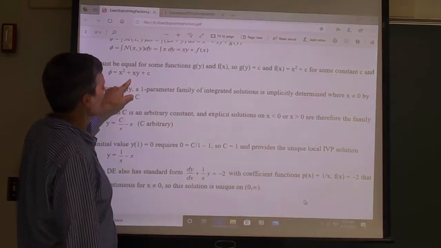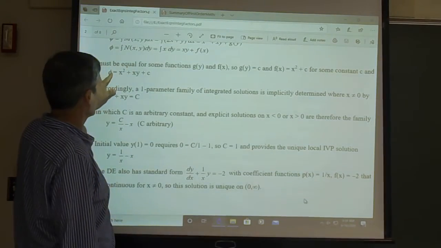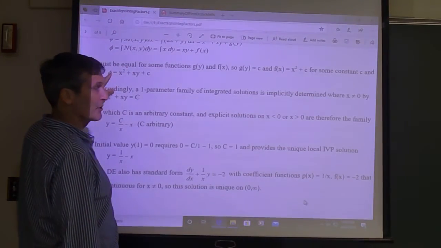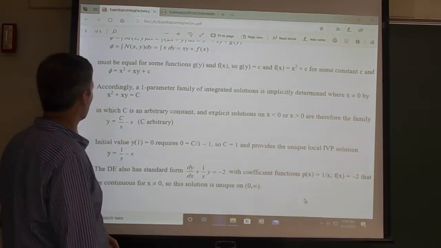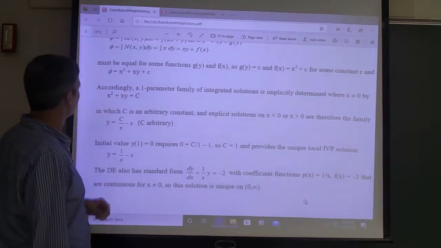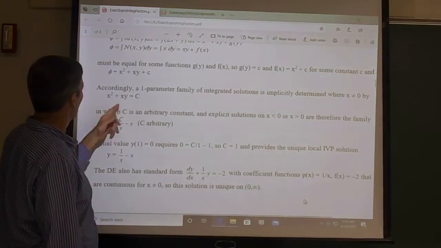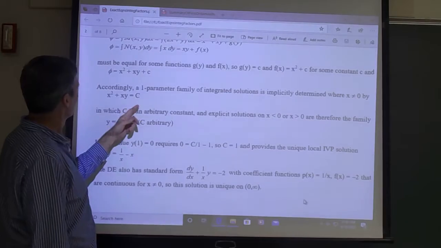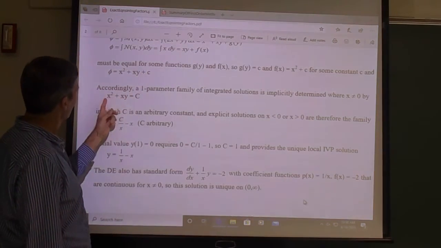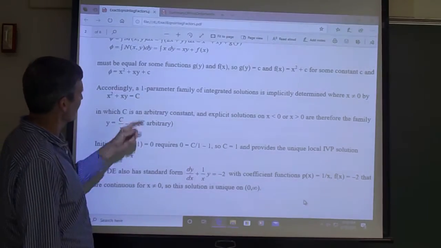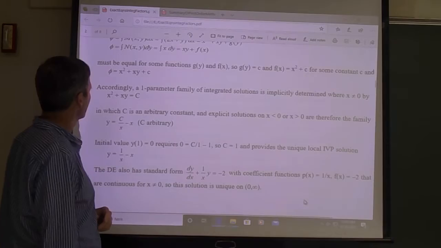If you find phi such that the left side of the differential equation is d phi, then the solutions lie along curves phi equals a constant. So I'll use capital C here, and I set this equal to an arbitrary constant. We can put the little c and the big C together actually, and we'll say x squared plus xy equals c is the family of solutions, implicitly.